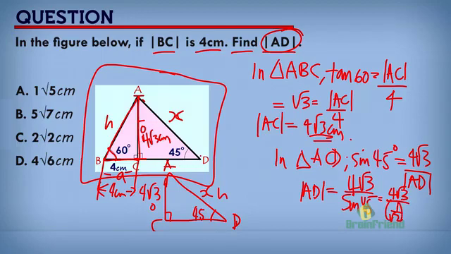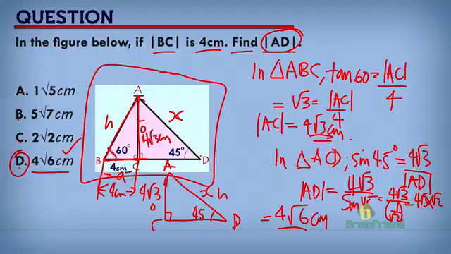So 4 root 3 all over 1 over root 2 is same as 4 root 3 times root 2. And of course, that gives us 4 root 6 for an answer. 4 root 6 centimeters. Let's see which of our options are correct. Is it A, B, C, or D? Option D is correct. 4 root 6 centimeters.